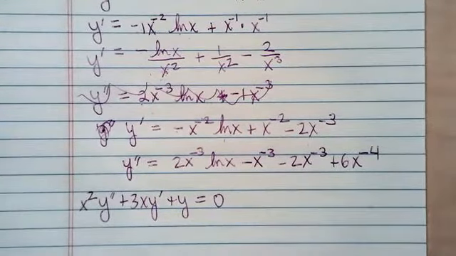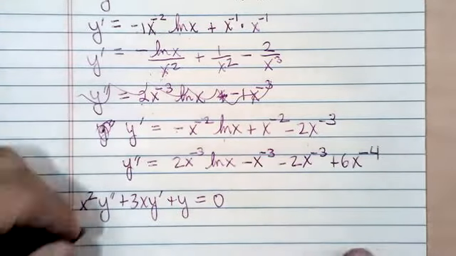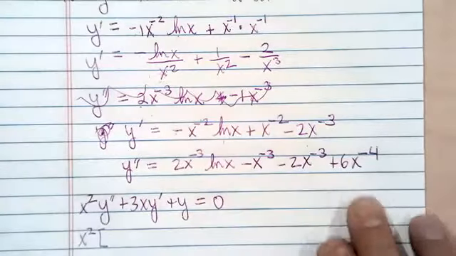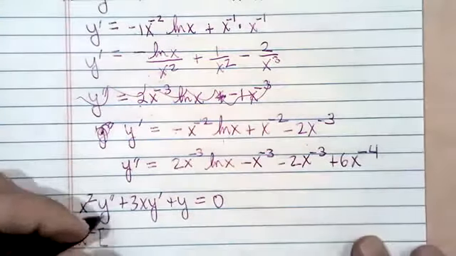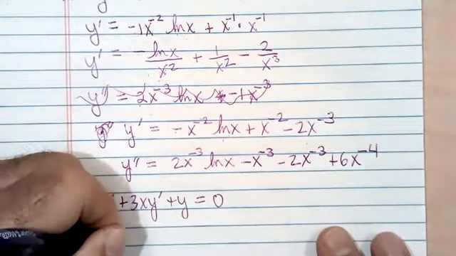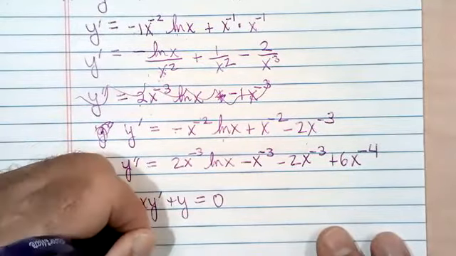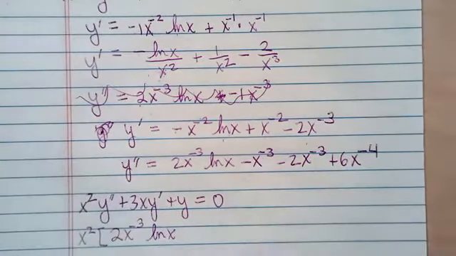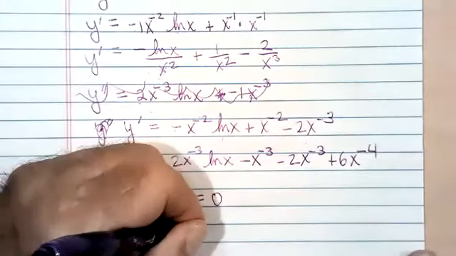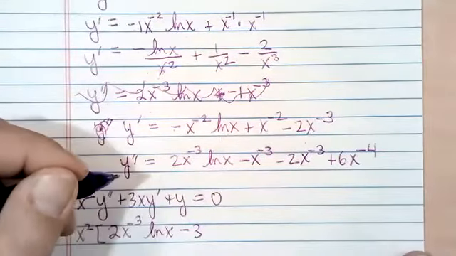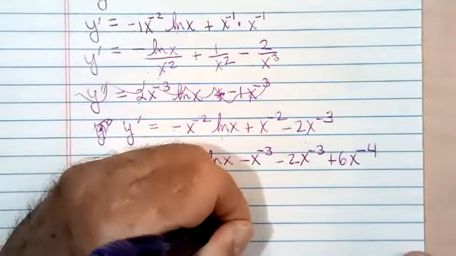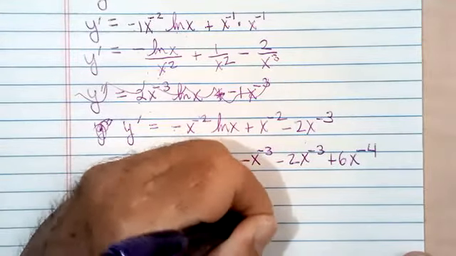And x squared y double prime is this stuff right here, which doesn't improve too much with simplifying. You can do a little bit for it, but not a lot. Minus x to the minus 3 minus 2x to the minus 3 is minus 3x to the minus 3 plus 6x to the minus 4.